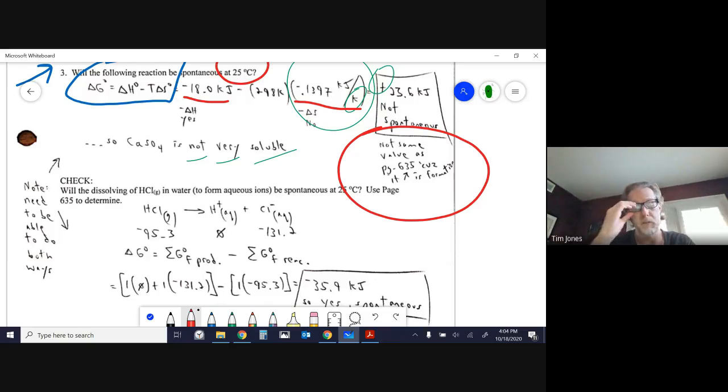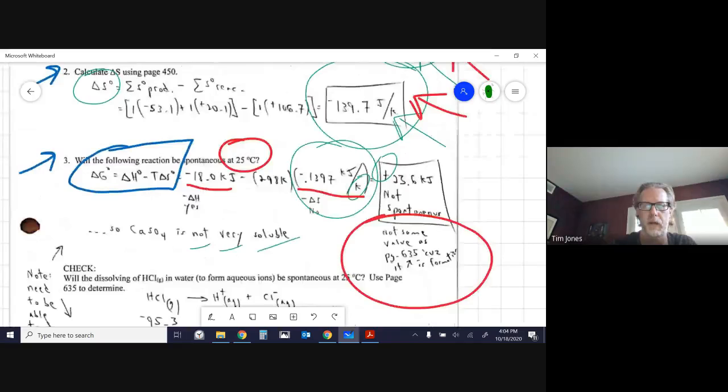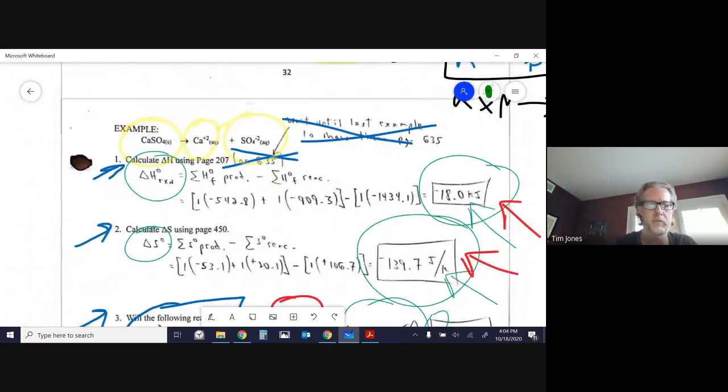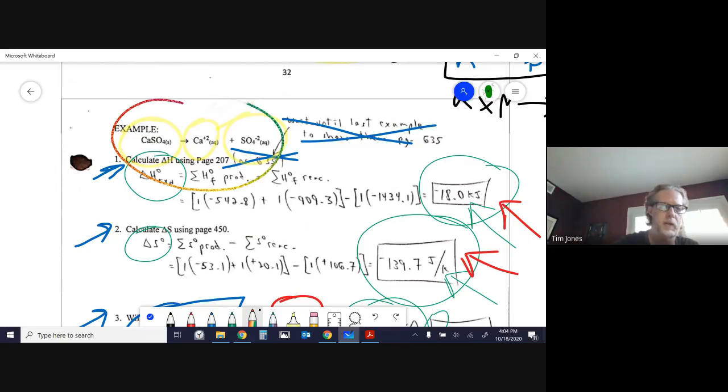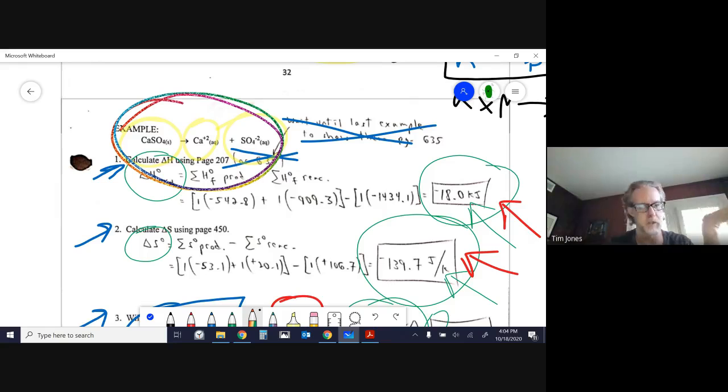It's because on 635, it's a formation reaction, and what we have here is not a formation reaction. So that's why our value and the chart on 635 will not work, unless you had a chart of reactions of this type, which would just be dissolving things in water. You can't use that.